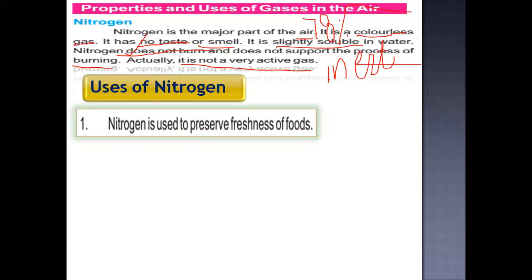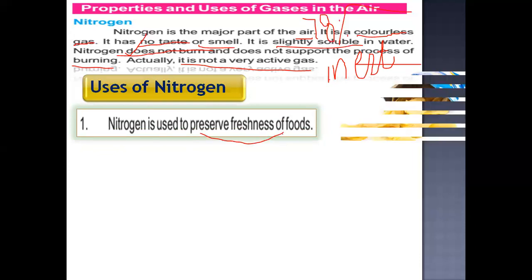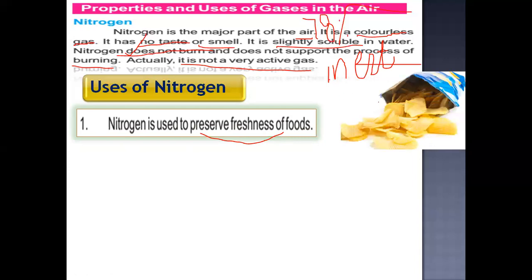Number one, nitrogen is used to preserve the freshness of foods. Yes, if you see your chips, yummy, what happens? You saw that the chips packet is half filled with chips and half filled with air.